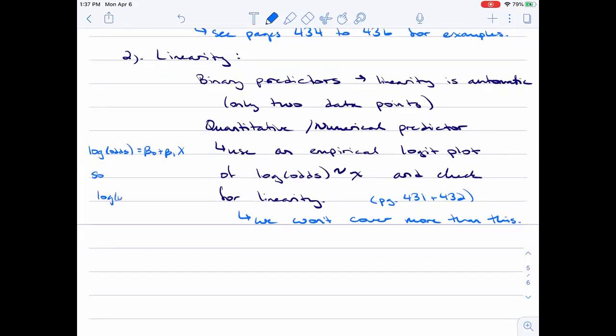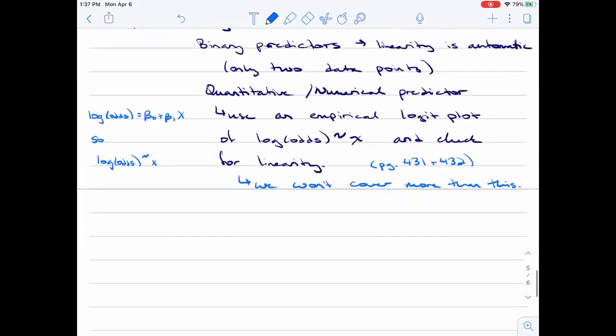So the log odds against X should be linear, just because of how we built this model. We assumed that we had a linear regression, and so the log odds against X should be linear, and that's all we're using here. Like I said, there is more, but I'm not going to go into it because we don't need it for this course, because this course is done. We'll leave it for another course.